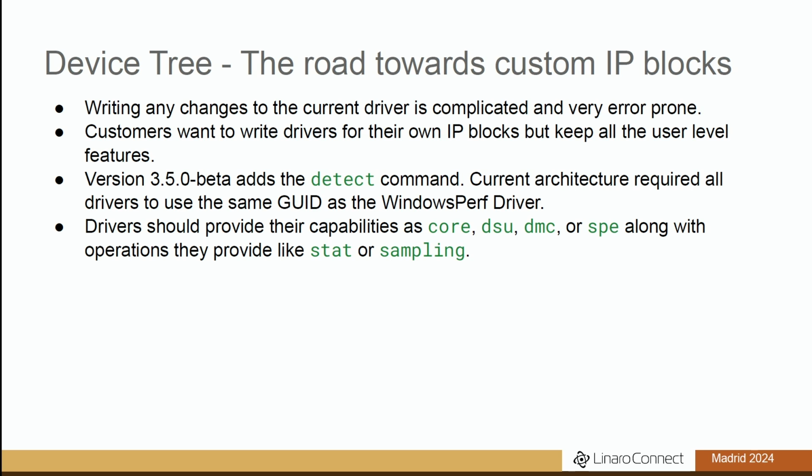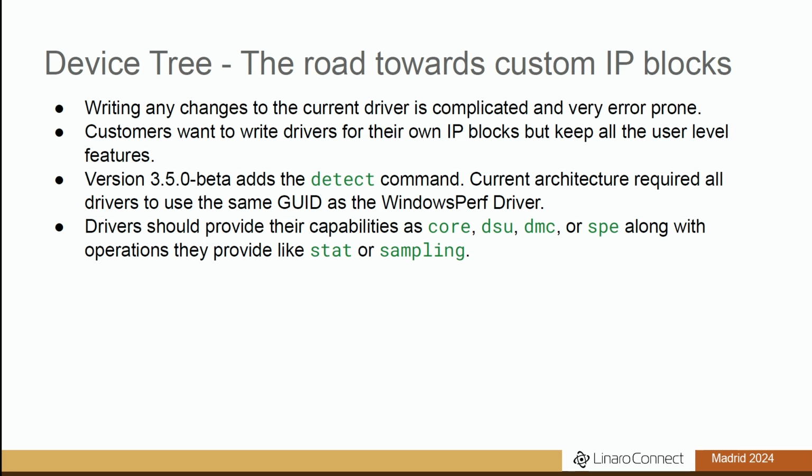Well, we want to change this, and what we are going to do is add a sort of device tree. We're giving the customer the option to actually write their own driver based on much simpler drivers that we are rewriting, and they'll be able to, with some simple IOCTLs, answer if they're a core driver, a DSU driver, a DMC driver, an SPE driver, and what sort of operations they support, like stat and sampling.